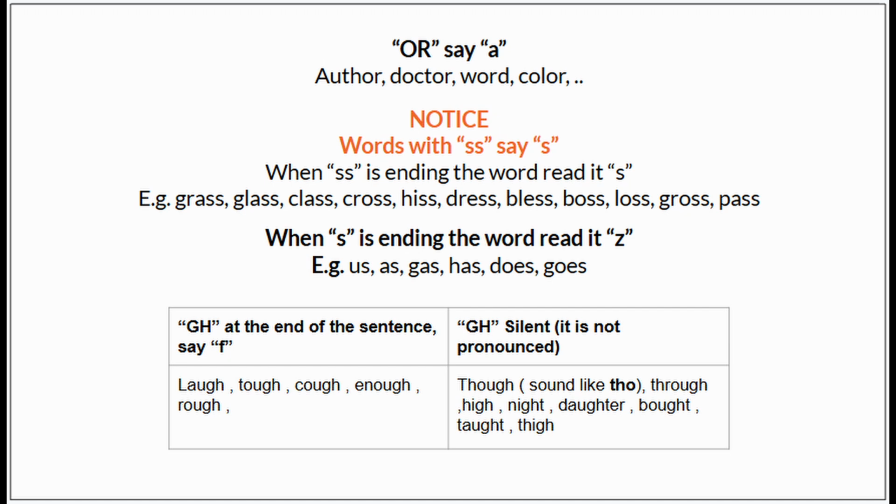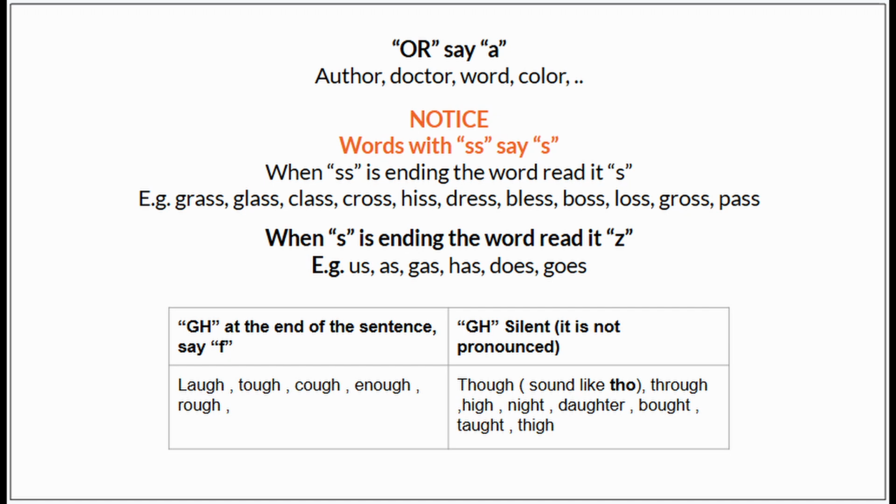Also, we can read GH silent. It means it is not pronounced in a lot of words. For example, here we have though. We don't pronounce this GH. We have through. High. Night.